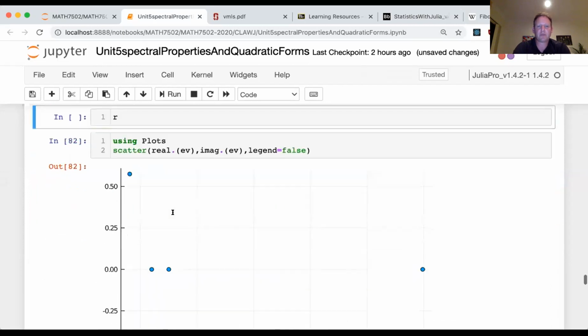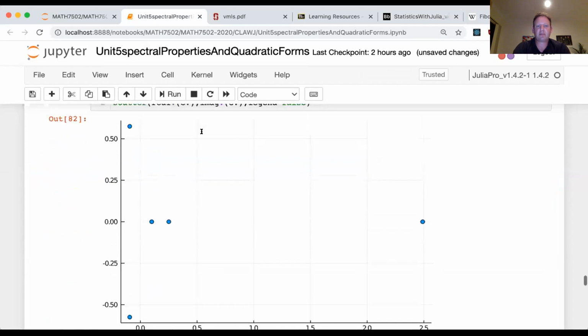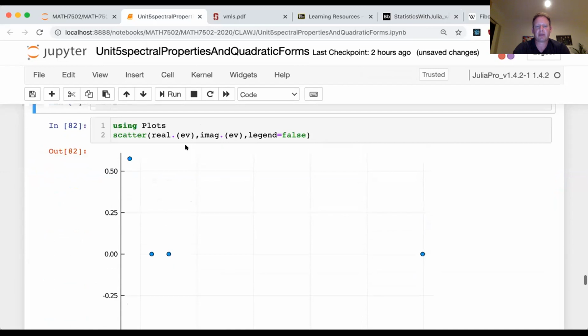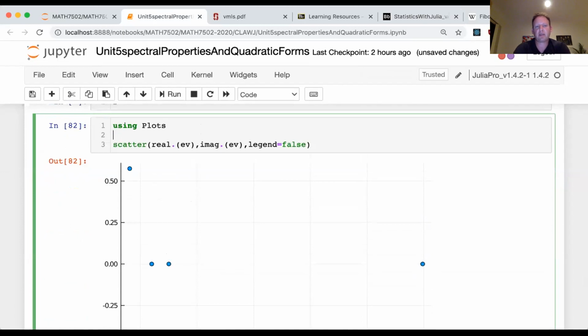All right, cool. So this is the plot of the spectrum. Now, it's often important to plot the spectrum. Let's just put the unit circle, look what I'm going to do.